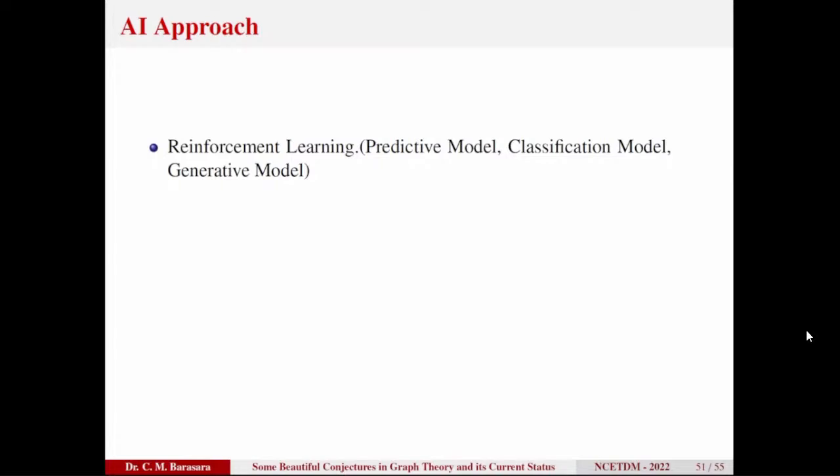But in classification models, if I feed the program 1,000 different photographs of, let's say, a lion and a goat, and make the program understand how the lion would look and how the goat would look, the program will try to understand how the features of lions and goats are separated.